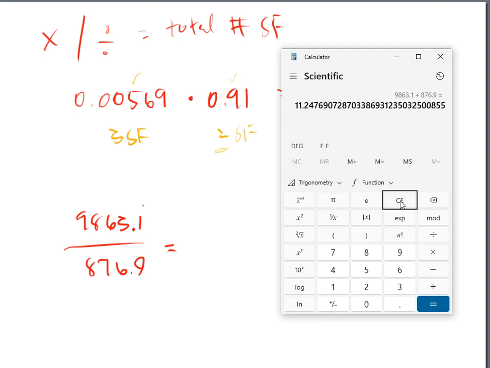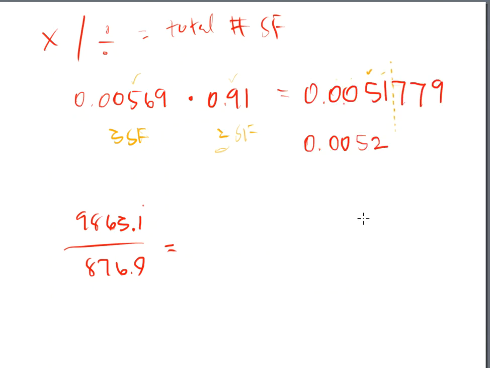I'm not going to write down the entire number, just part of it so we have some digits on a sheet of paper. The answer from my calculator is 11.24769072, and that's where I'm going to stop.